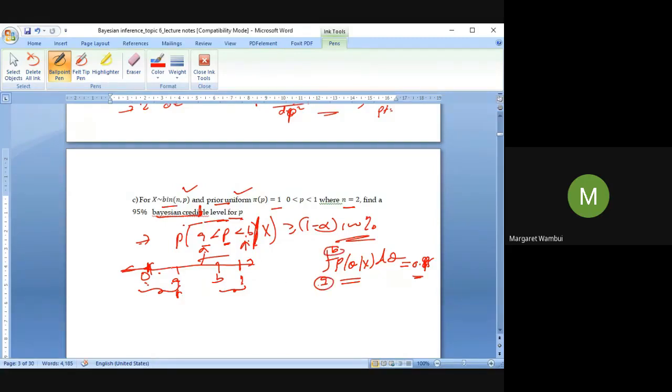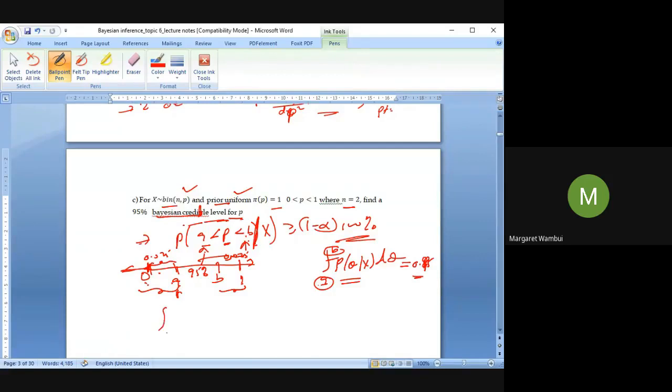Now let's see. If from A to B it is 95%, then the remaining portion here and the other portion here should be a total of 5%. So if you divide 5% by 2, then here I'll be left with 0.025, and here I'll be left with 0.025. What does that tell me?